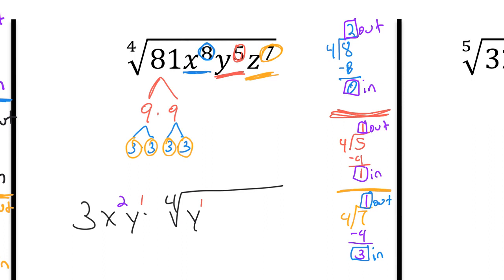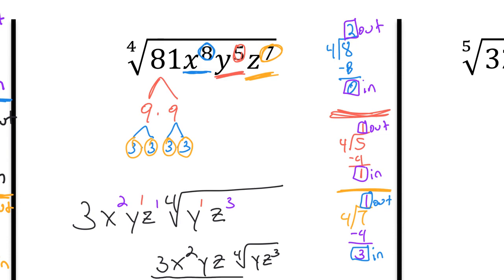So you will have a z with exponent of 1 outside, and z with an exponent of 3 inside. Now once again, you don't need the exponent of 1 here. So let me just rewrite it. 3x squared yz times the fourth root of yz cubed. The y inside has an exponent of 1. You don't need it. So there's my answer.